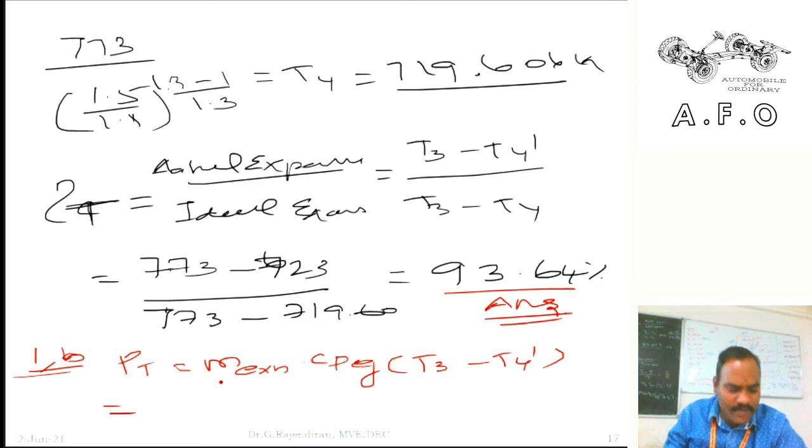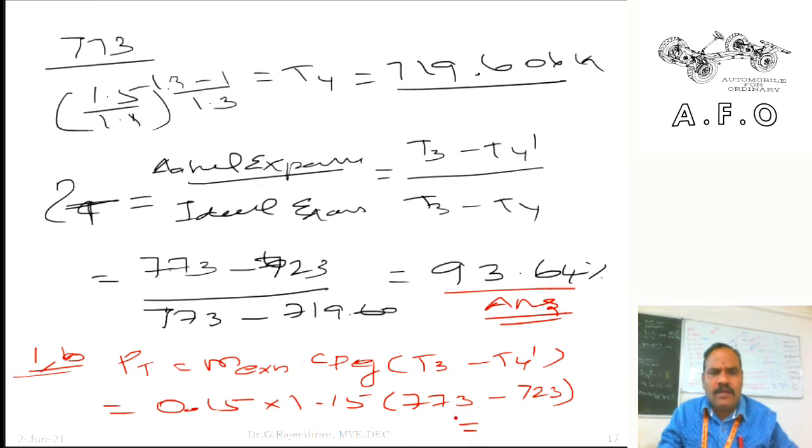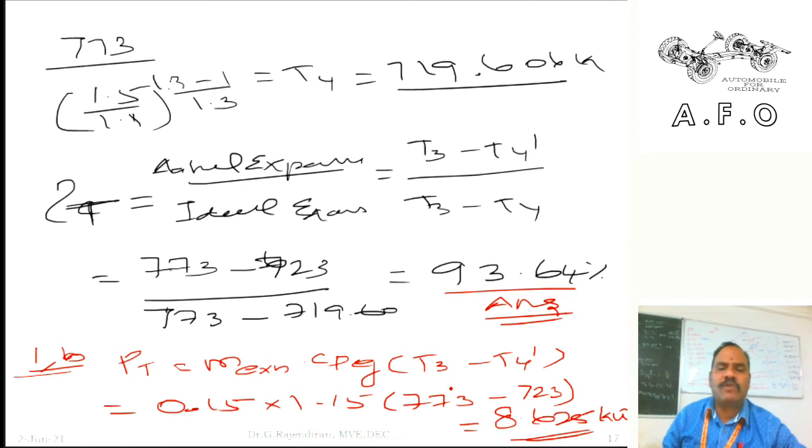The mass of the exhaust is given as 0.15 kg per second, Cp is equal to 1.15, T3 is equal to 773, T4 dash is equal to 723. So what is the power output? 8.625 kilowatt. So this is one answer, second answer.